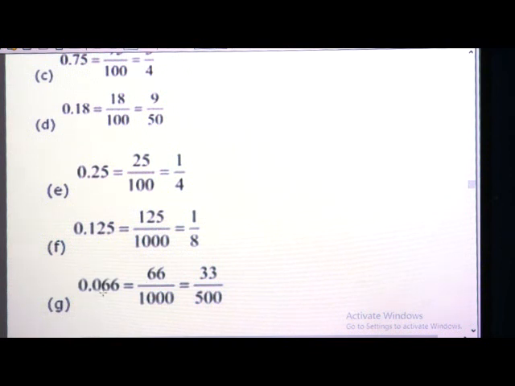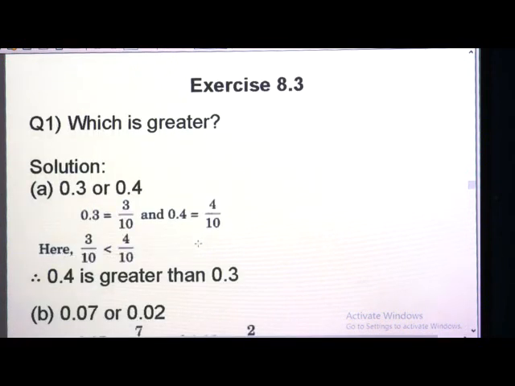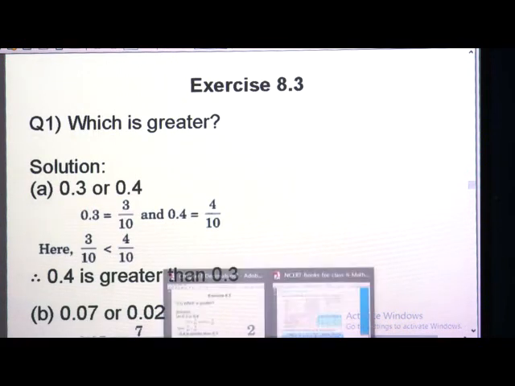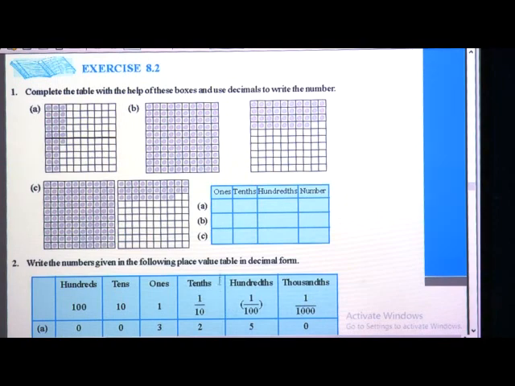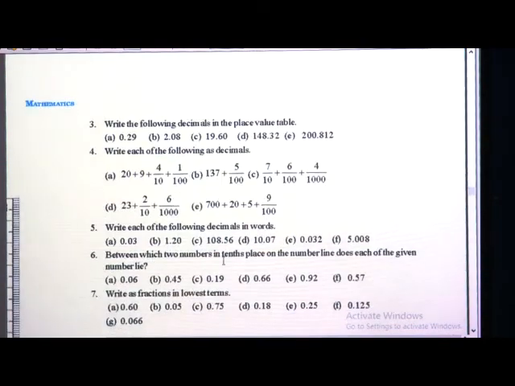So, 0.066, the fraction is 66 by 1000. The lowest term is 33 upon 500. So, here we complete exercise 8.2. We have completed exercise 8.2.